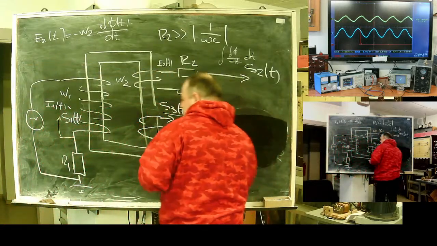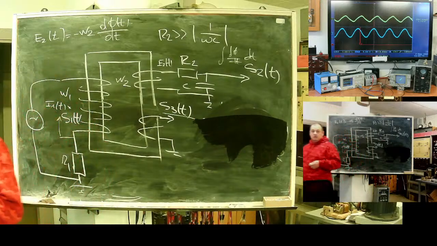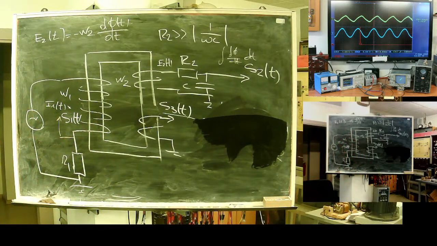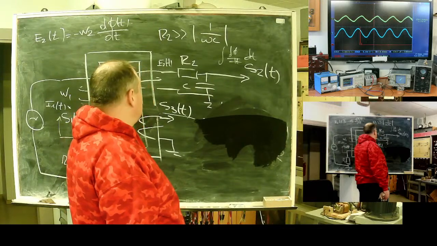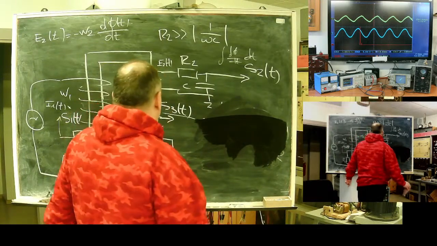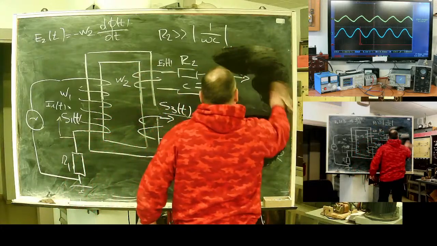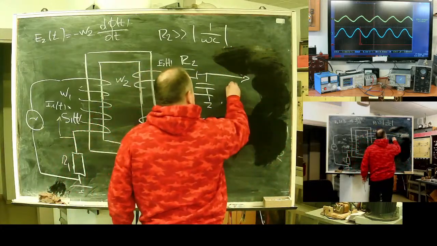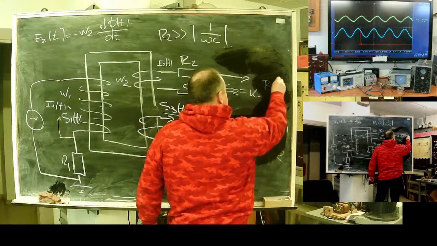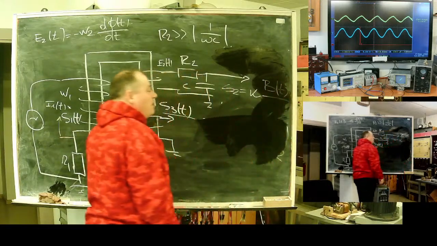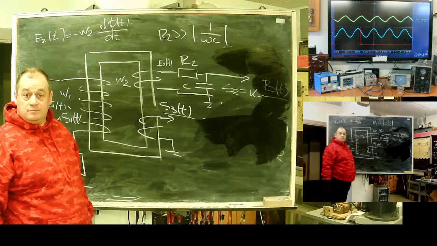What's the difference between flux and induction? Only the area of the core, yeah? At first, if we ignore the magnetic part, so signal 2 is some scale factor multiplied by induction, yeah? Yeah.